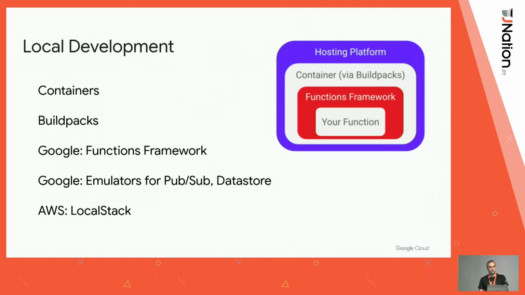And there are emulators for different services, like for PubSub and Datastore, for example, so that if you want to do some testing, you can use these emulators locally. And also, there's LocalStack on AWS that tries to mock all of the AWS services so that you don't have to actually call the actual service in the cloud. And I'm sure there's more stuff here, but I'm just giving you an example of some tools and things that came into play that made local development much more sustainable at this stage.